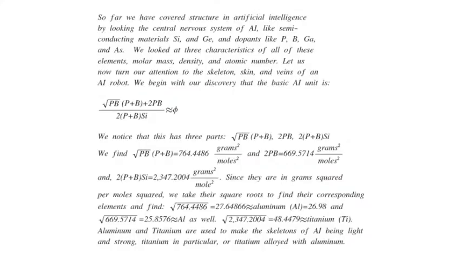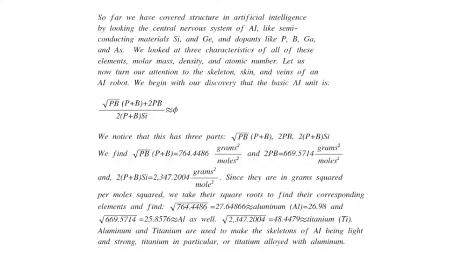The square root of 669.5714 equals 25.8576, which is approximately equal to Al as well. And now the third one: the square root of 2,347.2004 equals 48.4479. This is approximately equal to titanium, Ti.